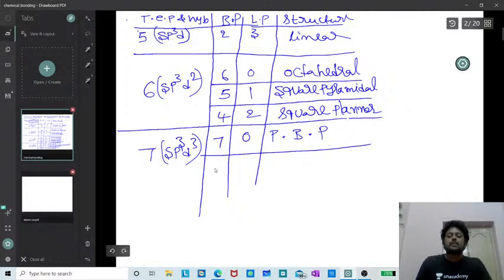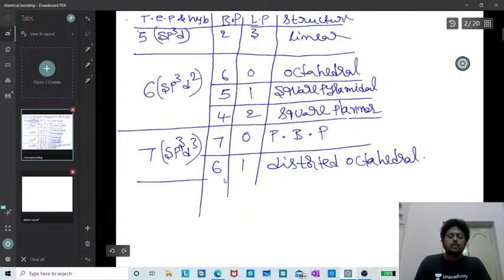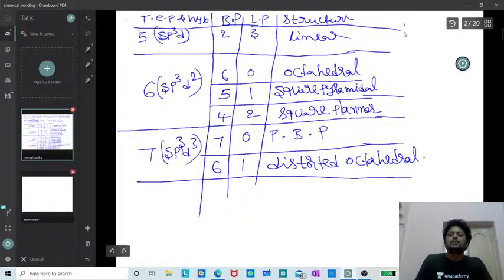With 6 bond pairs and 1 lone pair, the structure is distorted octahedral. This is the information we need to know the geometry or structure of molecules.